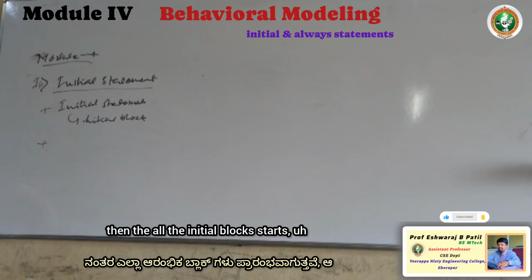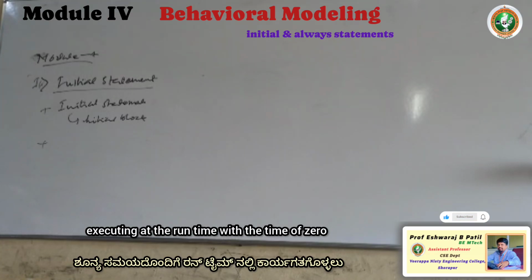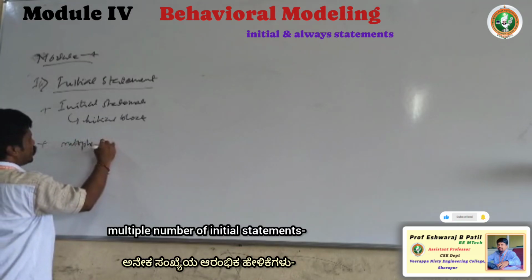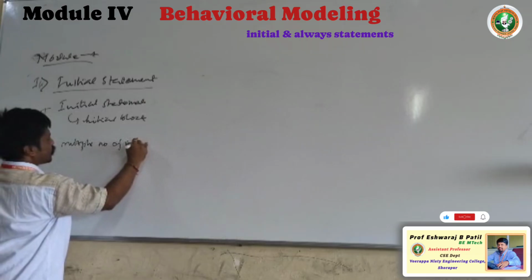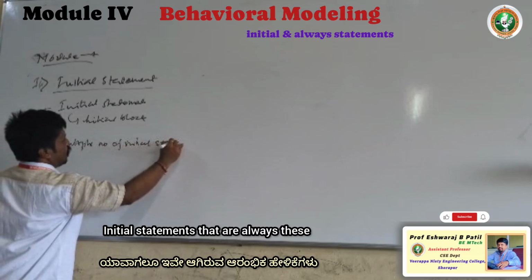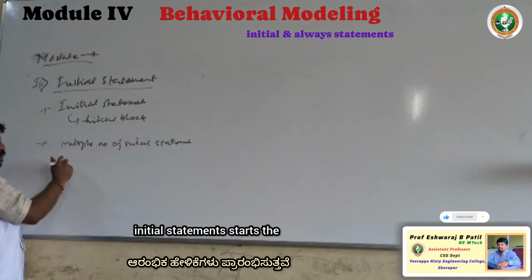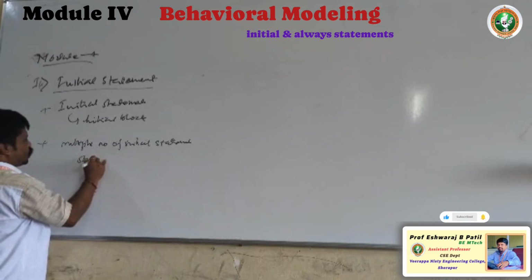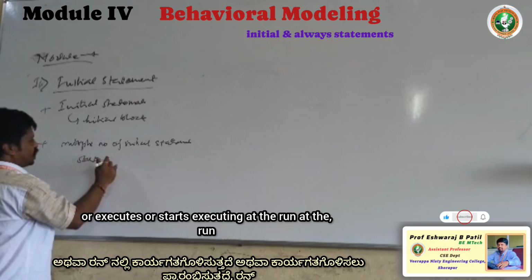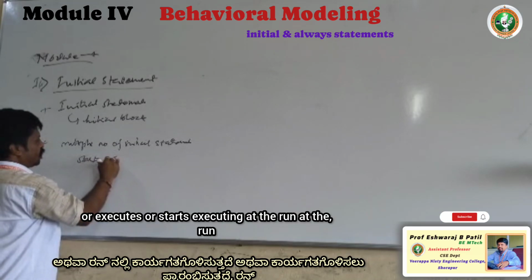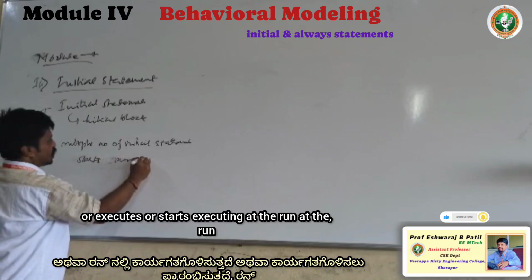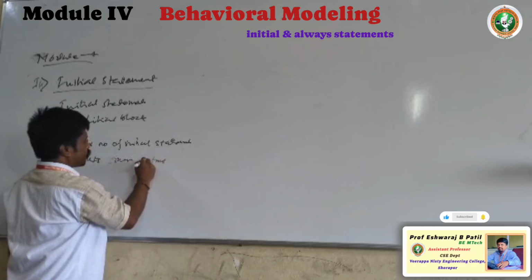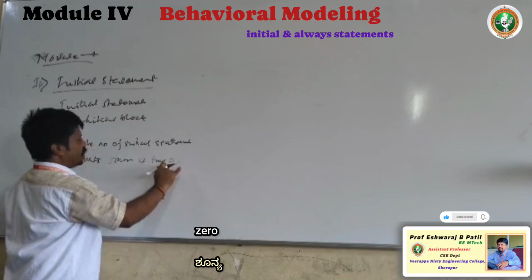Then all the initial blocks start executing at runtime at the time of 0. If you have multiple initial statements, then always the initial statements start executing at the time of zero.